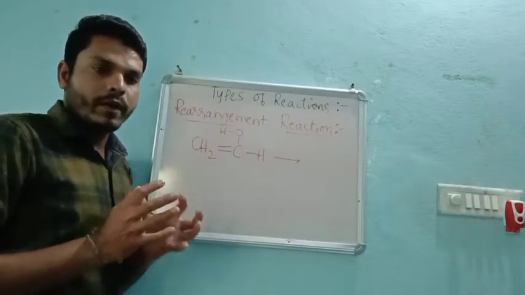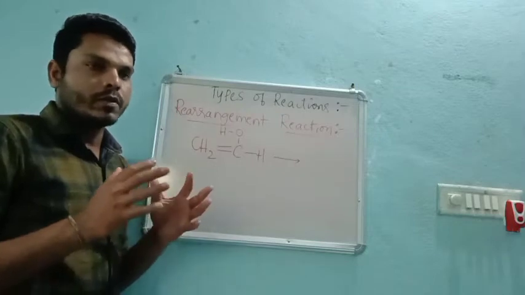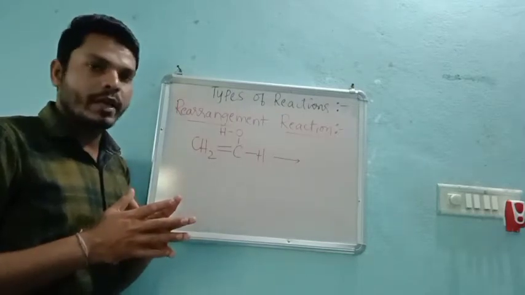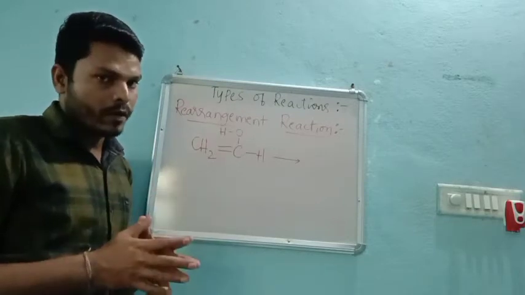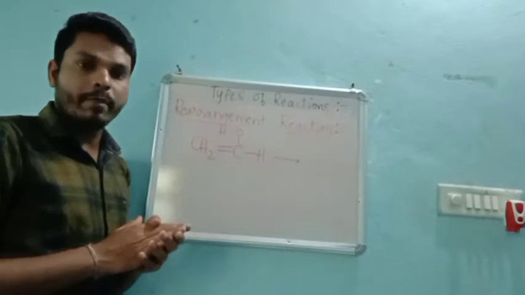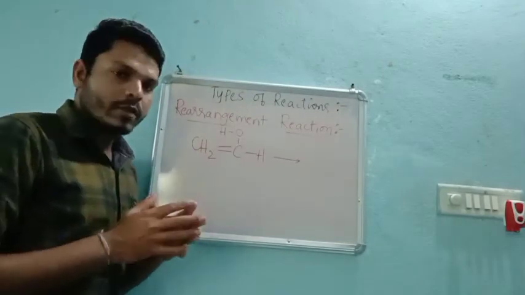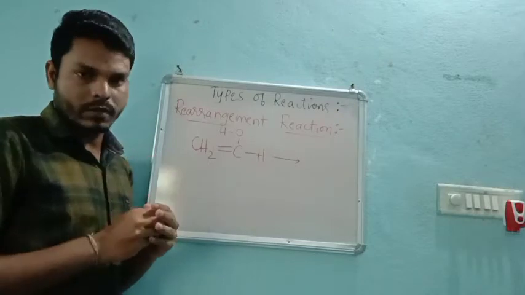So whenever you see a double bond in an organic compound, you just imagine there must be one pi bond and one sigma bond. And we know about sigma and pi bonds. Sigma bonds are very strong bonds and pi bonds are weak bonds, right? Why?